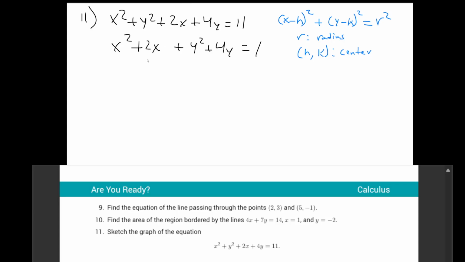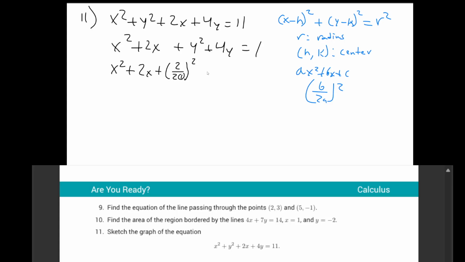We always use the b over 2a squared method. Remember the standard form of a quadratic is ax squared plus bx plus c. We do b over 2a squared, and then we add it, and then it should be a perfect square. In this case, our b is 2, a is 1, so we get x squared plus 2x plus b over 2 times a, squared.